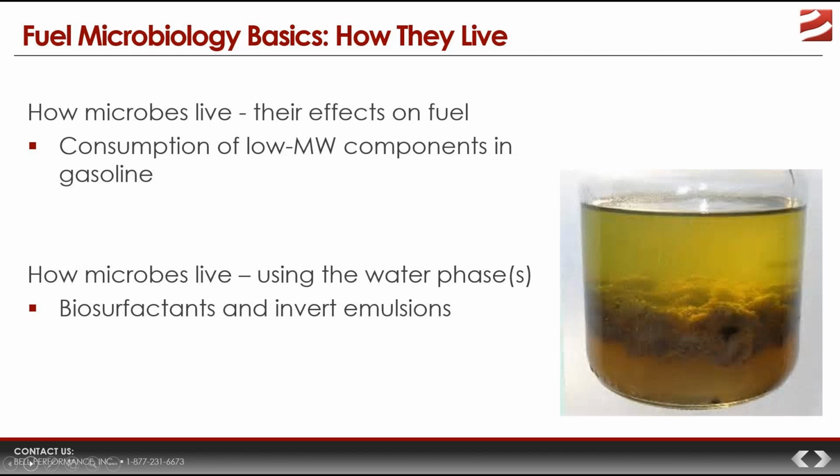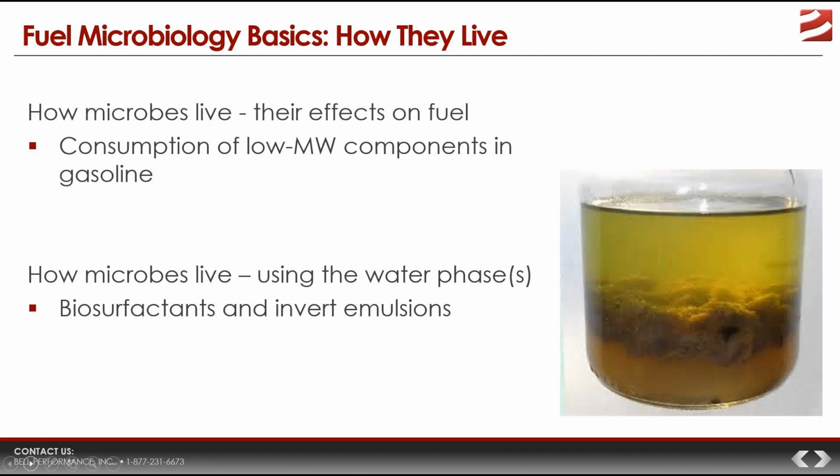Now, these and other kinds of microbes also love to consume the oxygenate in the gasoline. What effect does that have on the gasoline fuel, and also on diesel, though this is more of a gasoline problem? If they consume a portion of the low molecular weight molecules, then you have a change in the molecular distribution of the fuel.